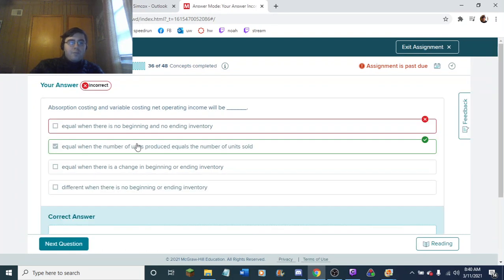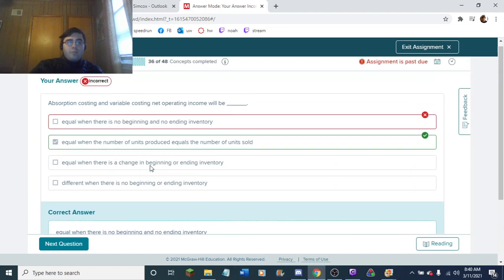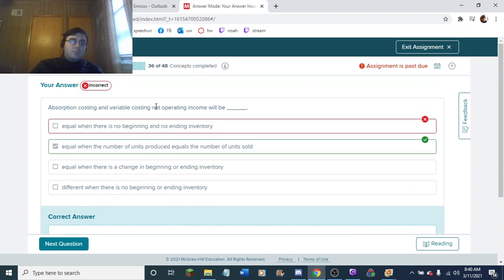Actually it's also equal when there is no beginning and no ending inventory, and it's equal when they're equal.